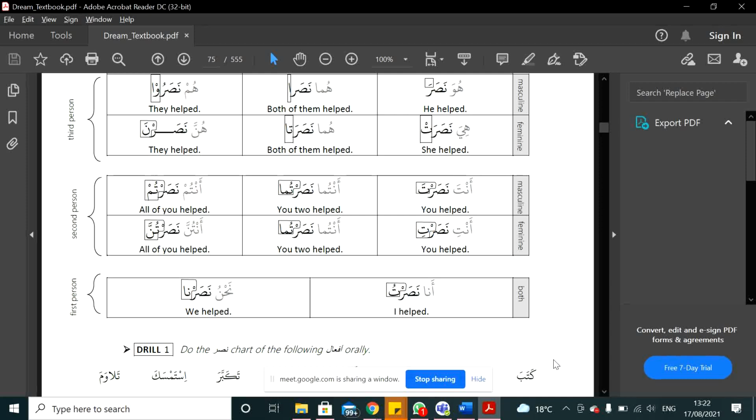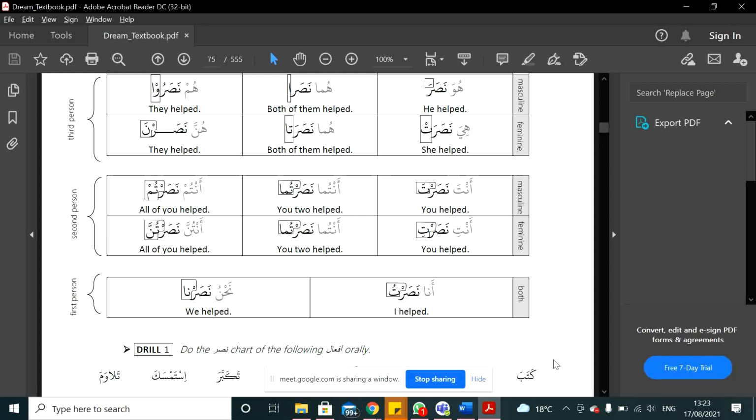Huma takabbara. Both of them felt proud. Hum takabbaru. They felt proud. Hiya takabbarat. She felt proud. Huma takabbarata. Both of them felt proud. Feminine. Hunna takabbarna.